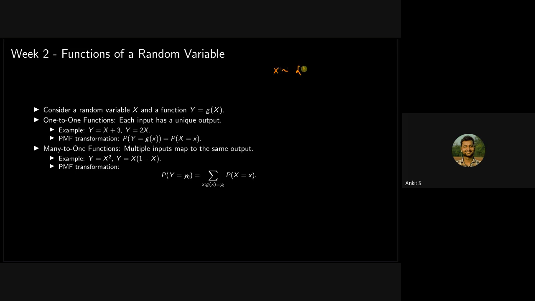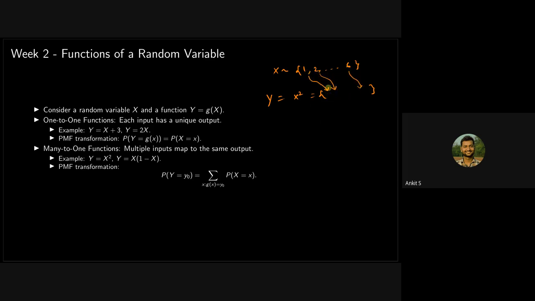X, what are the values that it can take? 1, 2, up to 6. Now suppose I define a random variable y is equal to x squared. You know what the values are going to be, just x squared. Now, how do you calculate the probability? It will just map to each one, right?